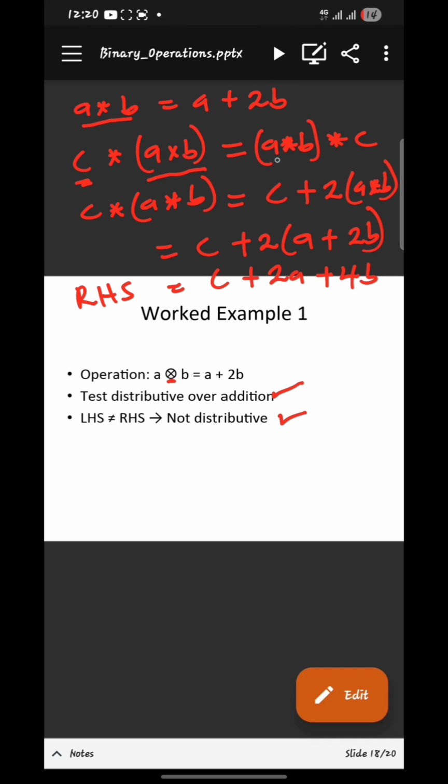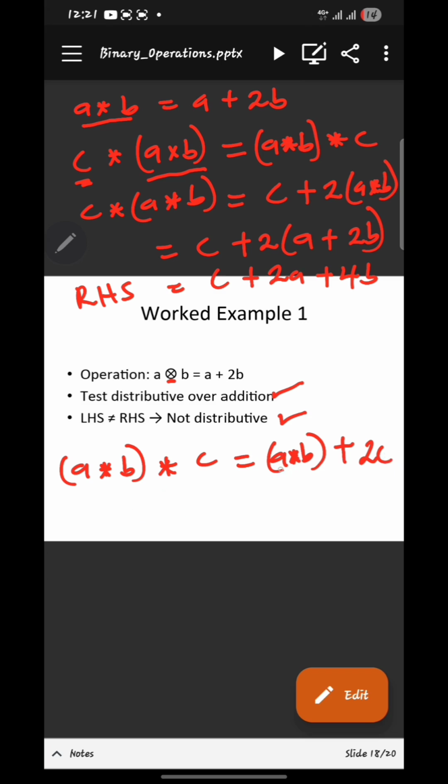So for the left hand side, where we have A operation B operation C, AB here will represent A, whilst this C will represent B. So applying this operation on it, AB here representing A will be A operation B. Don't forget this is not times. A operation B, then plus 2C.